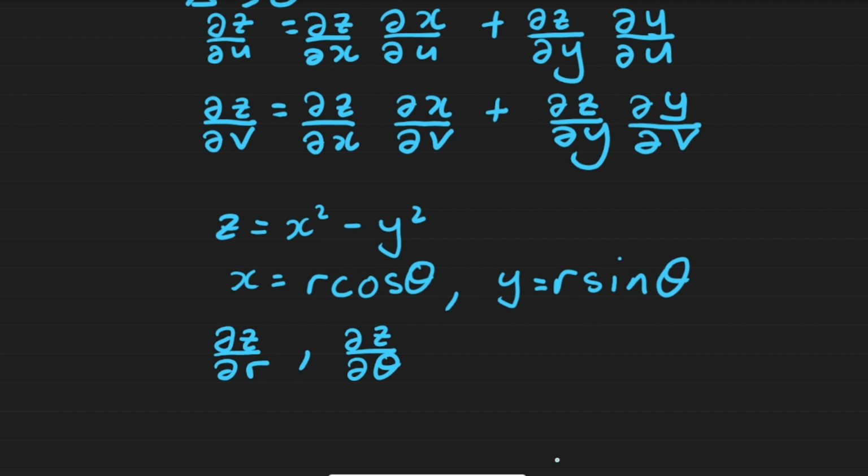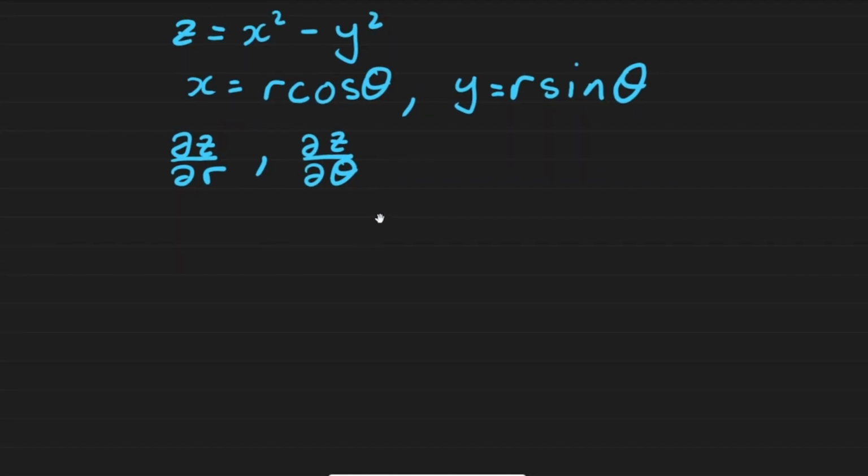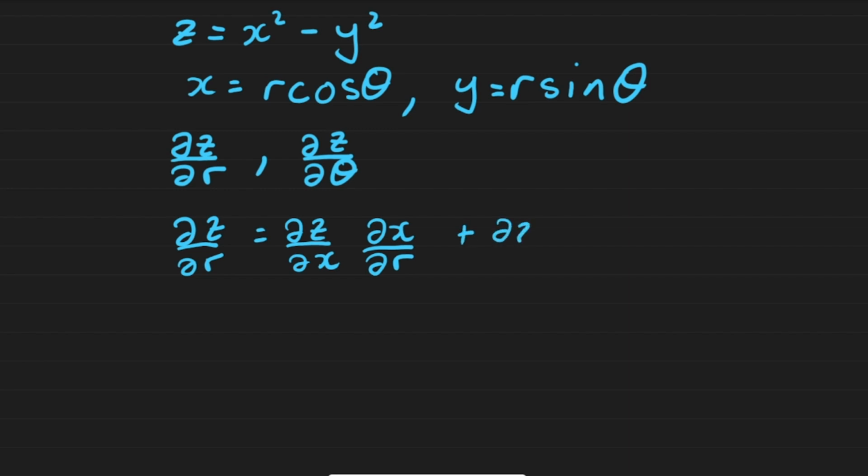So if we write these relations to be in terms of r and theta, what we would get is ∂z/∂r is equal to ∂z/∂x times ∂x/∂r plus ∂z/∂y times ∂y/∂r.